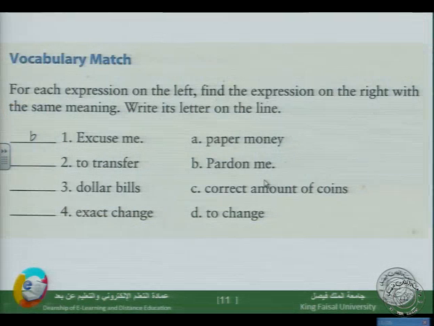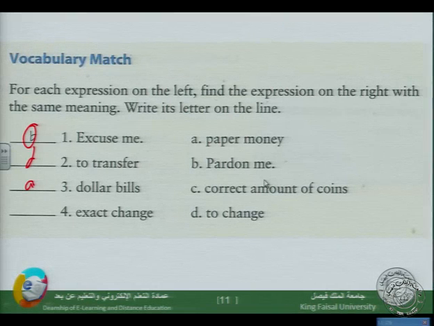Okay, let us move now to vocabulary match, and today is our vocabulary day. For each expression on the left, find the expression on the right with the same meaning. Write its letter on the line. Excuse me, it's already solved here. It's called pardon me. To transfer means to exchange. Dollar bills means paper money.